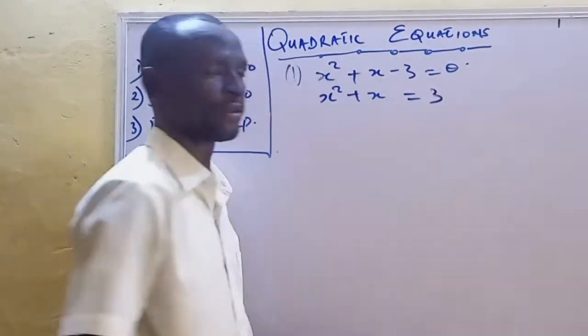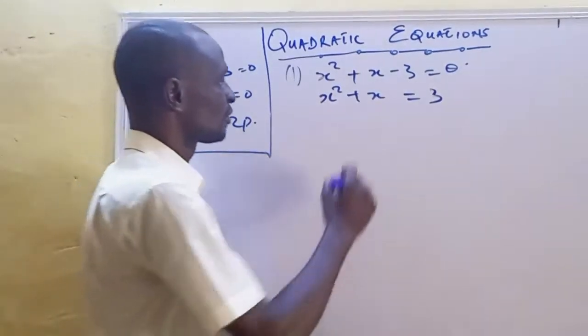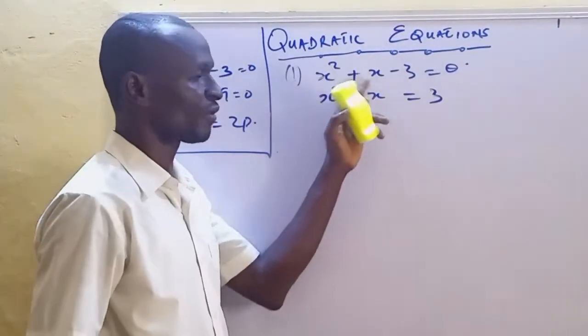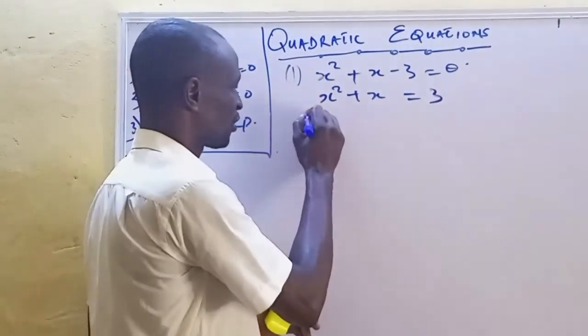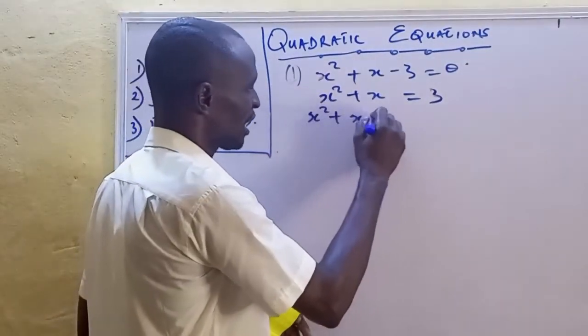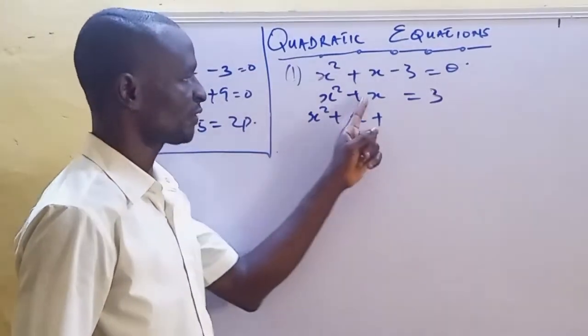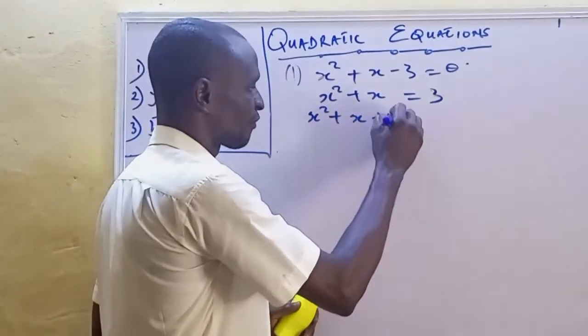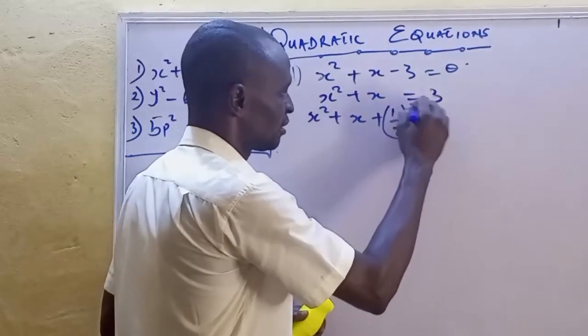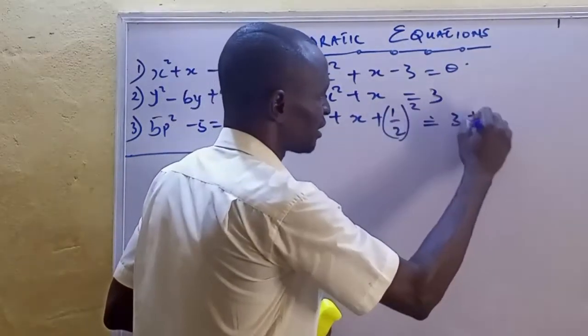Now, divide the coefficient of x by 2 and add to both sides. That becomes x squared plus x plus, the coefficient of x here is 1. 1 divided by 2 is half. Square it and add to both sides.